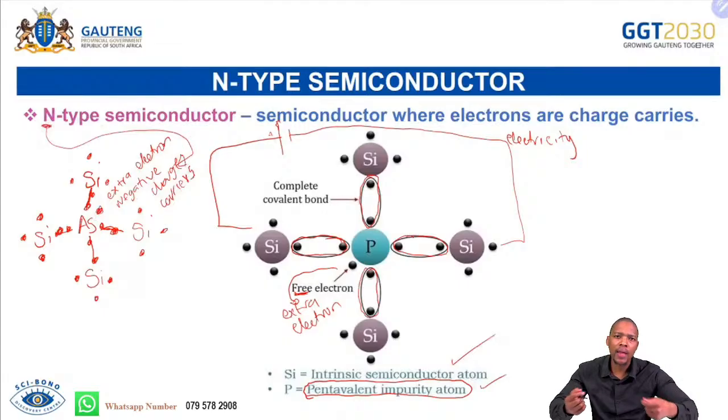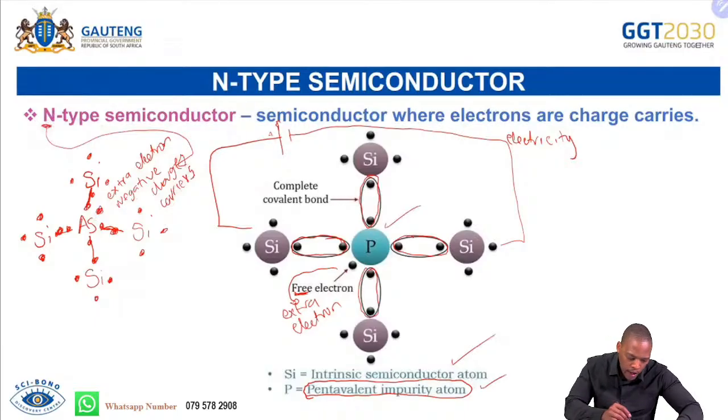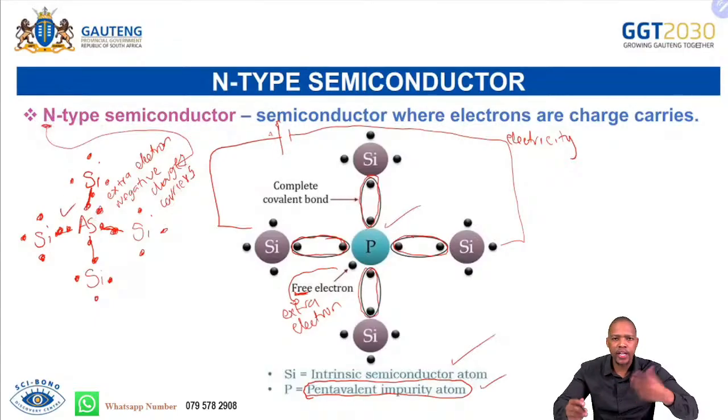Same thing we do with the other one. Now we are doping with a pentavalent atom. What's this pentavalent atom? It could be phosphorus, like we used here. It could also be arsenic or any other one, but usually phosphorus and arsenic are the ones that are used. They bring about an extra electron here. This extra electron introduces instability in this silicon that used to be intrinsic.